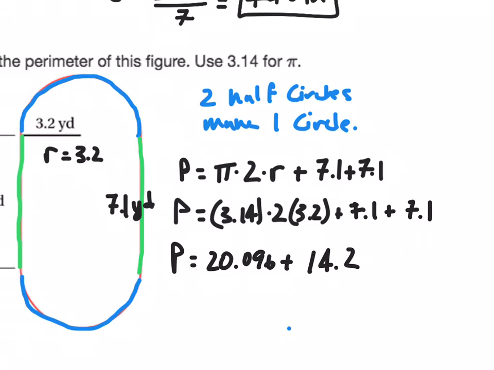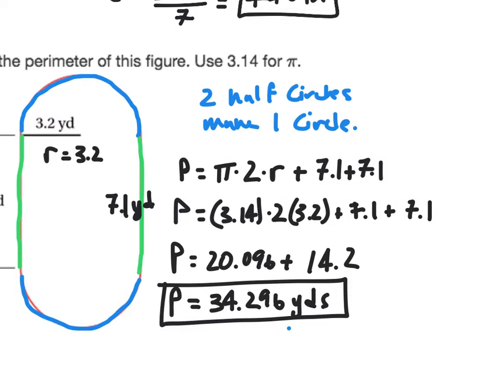If I add 20.096 to 14.2, all that added together is going to give me 34.296, and this is going to be yards. That is my perimeter of that object.